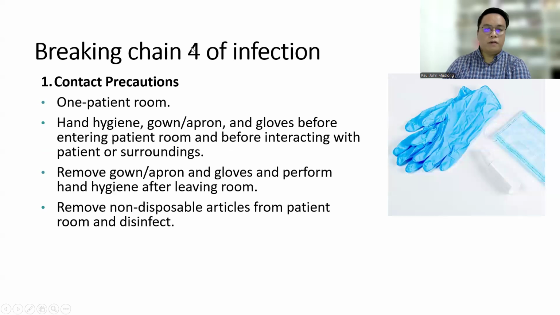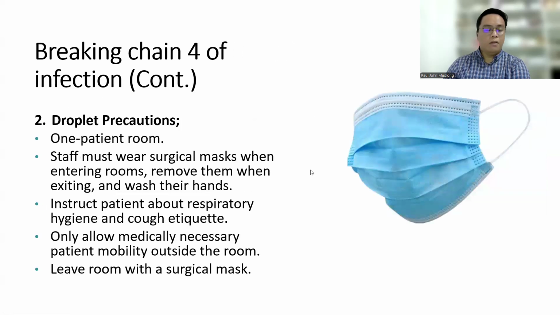Breaking chain four of the chain of infection. Contact precautions: one patient room, hand hygiene, gown, apron, and gloves before entering the patient room and before interacting with the patient or surroundings. Remove gown or apron and gloves, and perform hand hygiene after leaving the room. Remove non-disposable articles from the patient's room and disinfect. Number two, droplet precautions: one patient room.